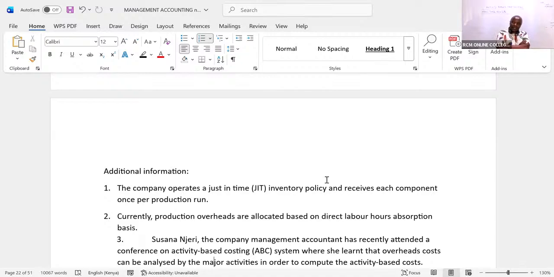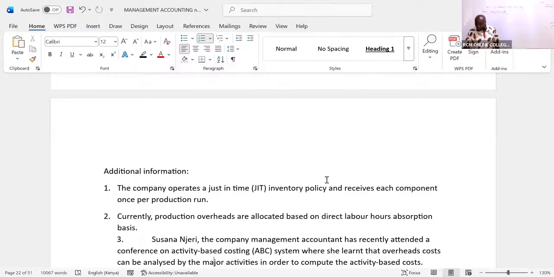In this case, just in time, we shall only be making orders when we need to make production. So we basically order raw materials for immediate usage. We don't have stores under JIT. If it's a hotel, we want to use some kale, sukuma wiki. So we shall not be having a store of sukuma wiki. We simply bring these sukuma wikis as they are requested by our customers. We cook them immediately. So there is nothing like storage.